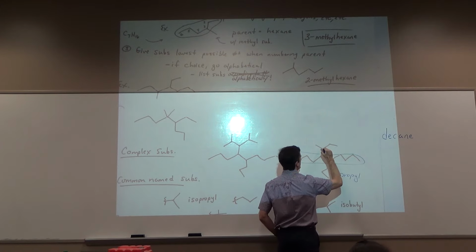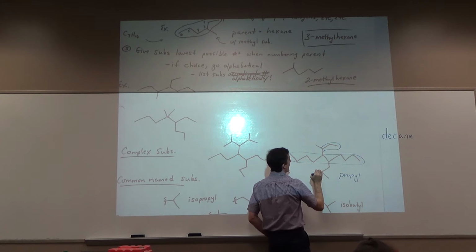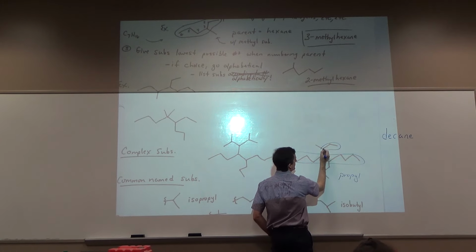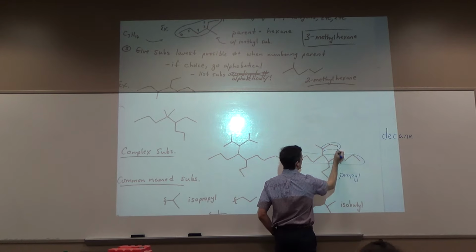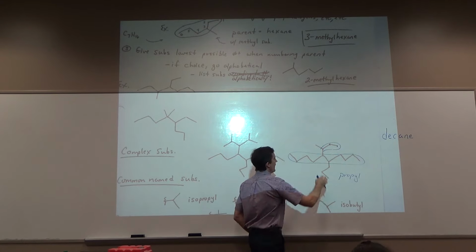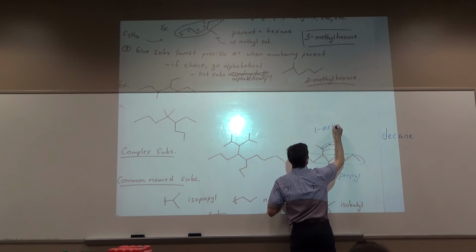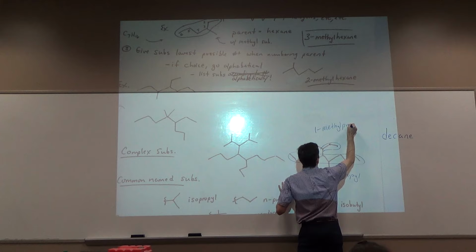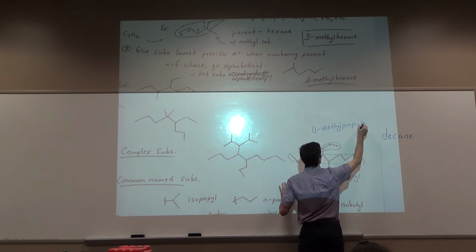It's a propyl, but it's got a methyl on it. In one position is the first carbon coming off the main chain. That's 1, 2, 3. There's your propyl. At the one position we have a methyl, and so this is a 1-methylpropyl. Okay, it's a complex substituent.